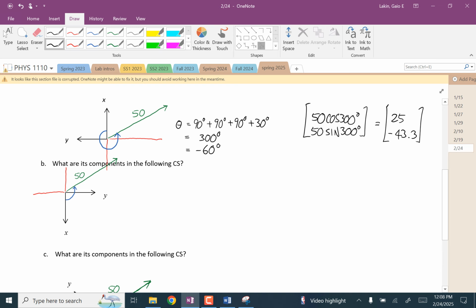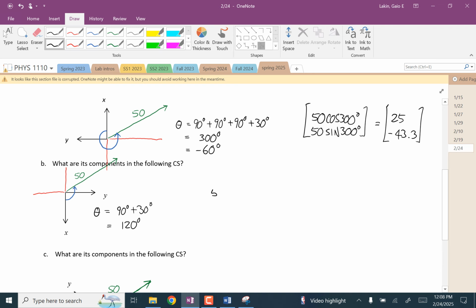Whether you use 300 or negative 60, you'd get the same thing. And now for this second one, this angle theta is just going to be, we're going to go counterclockwise 90 plus another 30. And so that's 120 degrees.